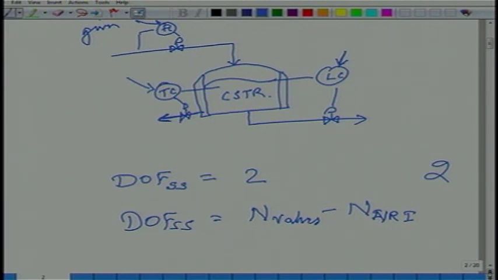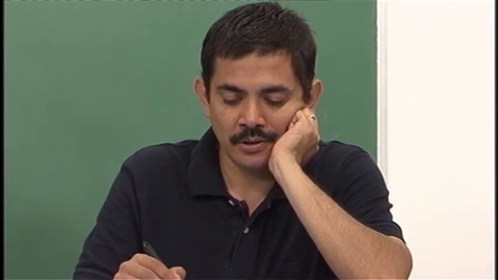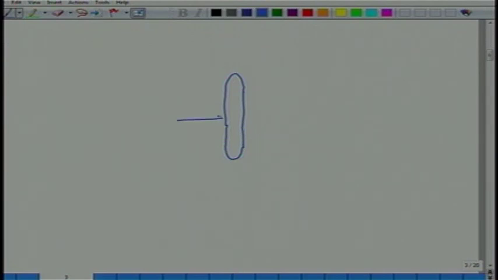Now let us come to something slightly more interesting. Let us say I take a distillation column, a simple distillation column. So, here is a simple distillation column. I have got a feed, of course it has a valve, however I am not going to count it because this feed is being set by an upstream process, it is not in my hands.